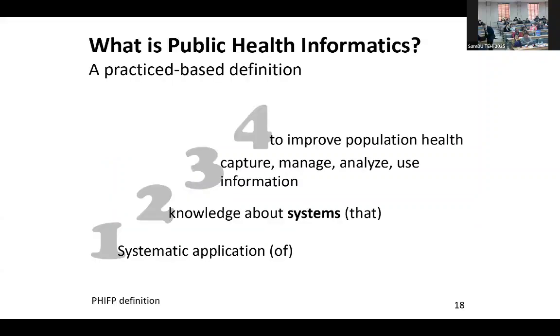This is public health informatics. The system is not just a fancy system. It does have its utility, and the ultimate utility is to improve population health. It's a systematic application of analysis and collection of data, and we need to turn that into knowledge.